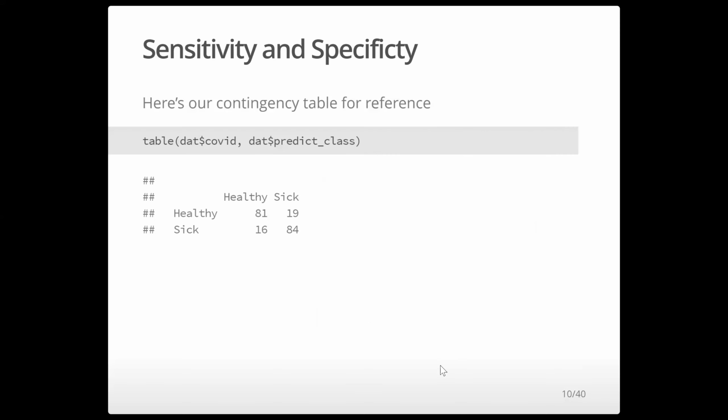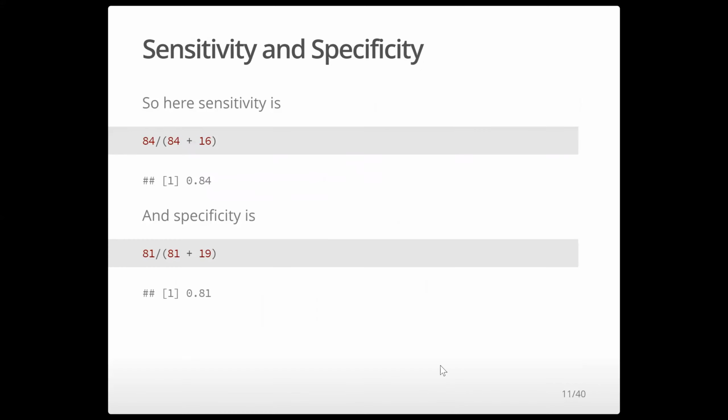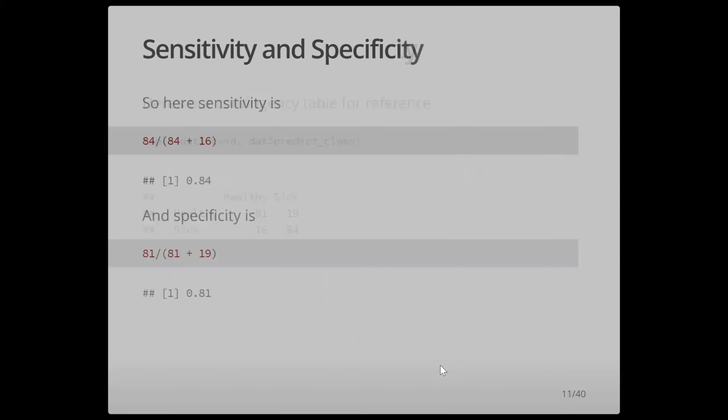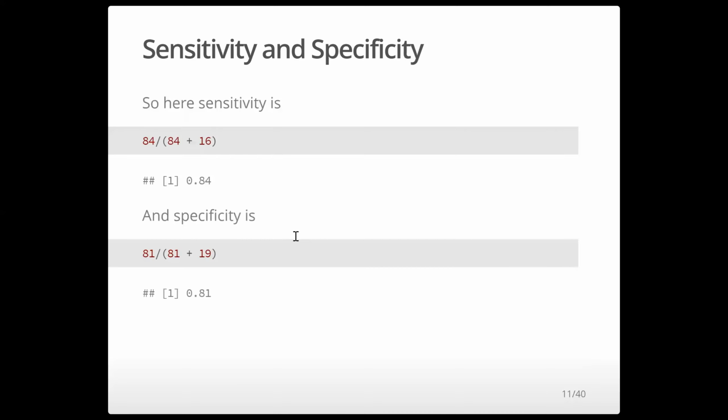So once again, for reference, here's our contingency table. We can compute sensitivity and specificity pretty easily using these values. So sensitivity here is just 84 divided by 84 plus 16. Sorry, I think I have this backwards.